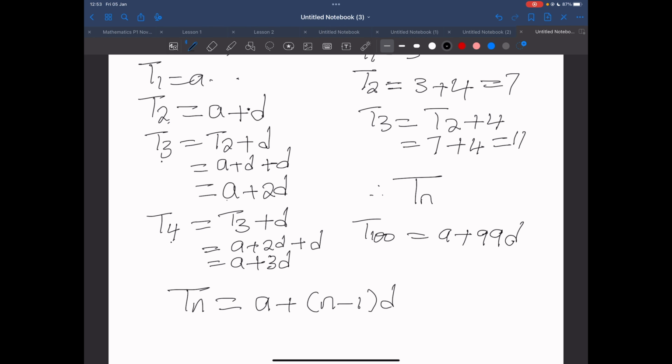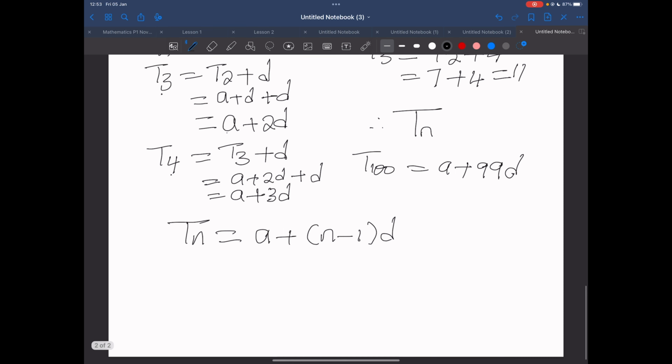Now we are going to look at what we can do with this general term. I want us to start with the difference. What can we do with the common difference? We are going to look at questions that may arise using the common difference, the D. A practical example: we are given 3 terms with an unknown, let's say the unknown is x.